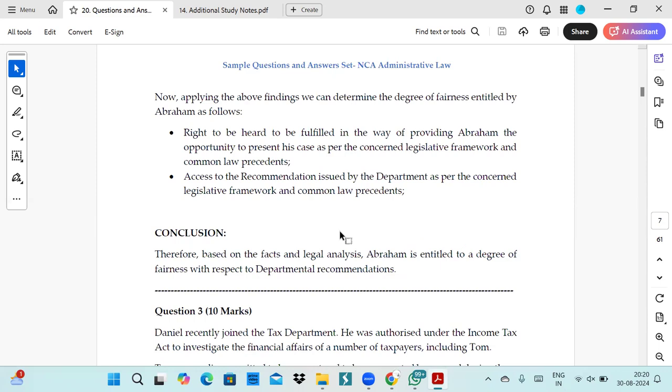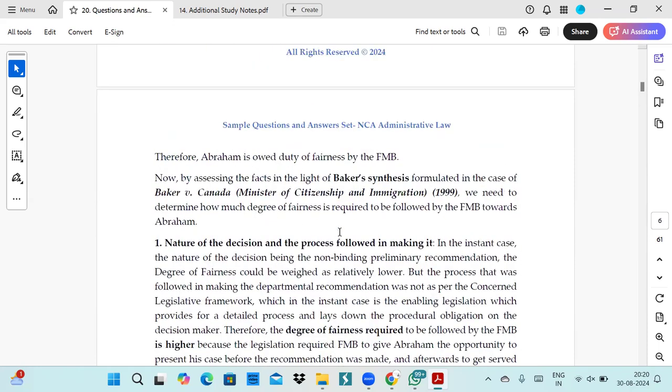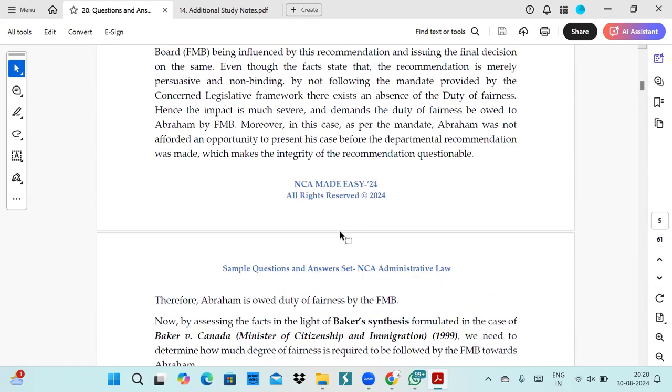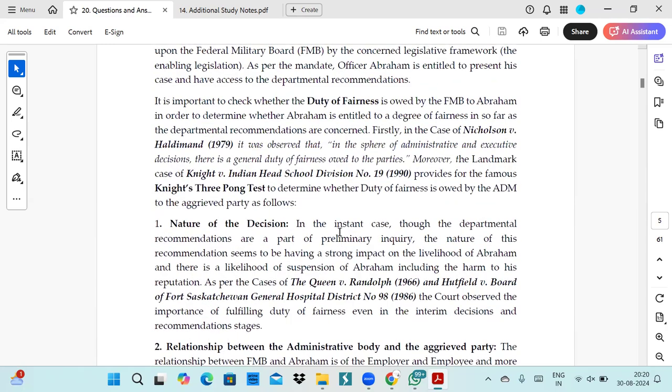What I can do is, against legislative decision, for example, I can just put the Nicholson case. So in any situation where I have a legislative decision in my question, I immediately go to Nicholson and write it. That's why I want to understand, is it also possible that one case is applicable to multiple situations of the syllabus, or only to one condition?